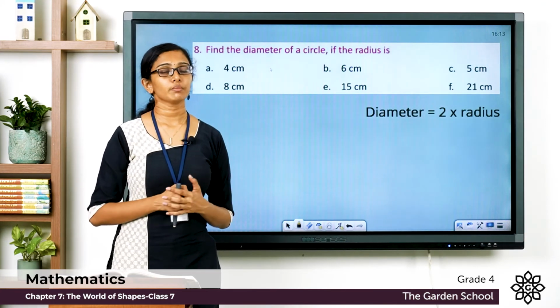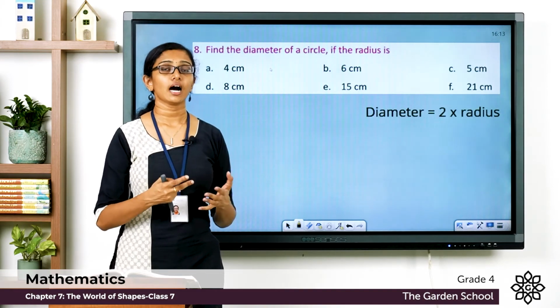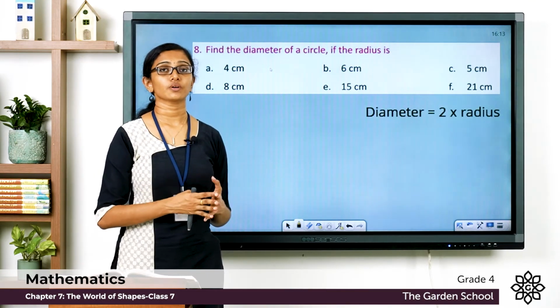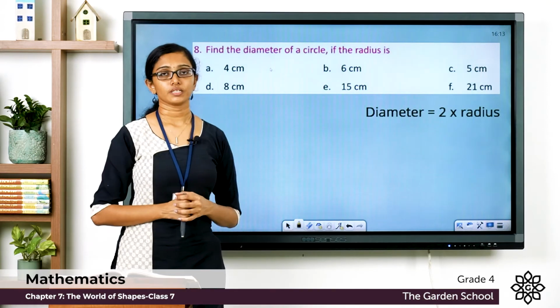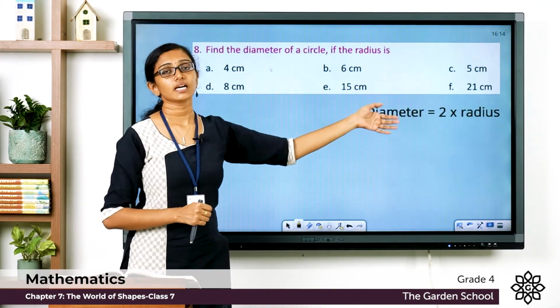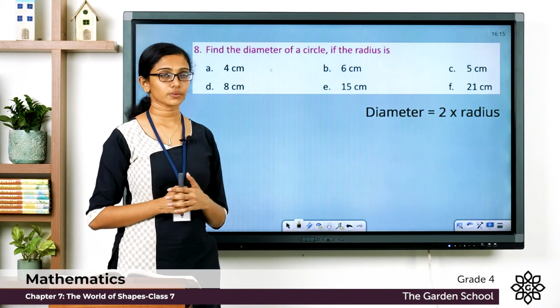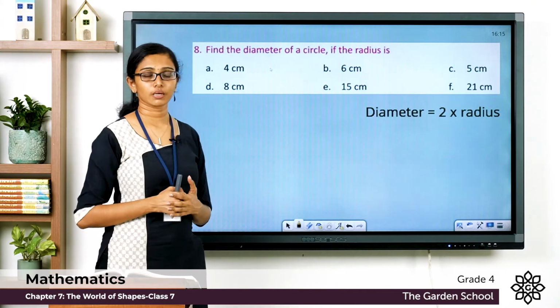We can draw any number of diameters in a circle, and we have already seen that the diameter of a circle is equal to twice its radius. So diameter equals 2 times the given radius. If that is the case, let's work out the first question. Question A, 4 cm.